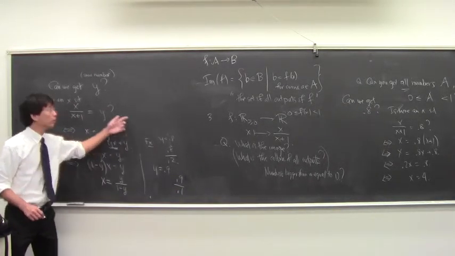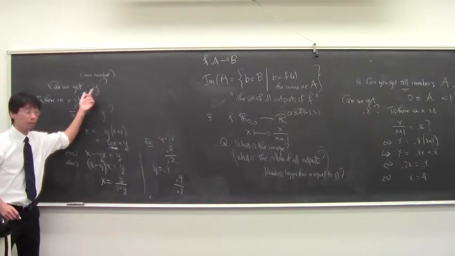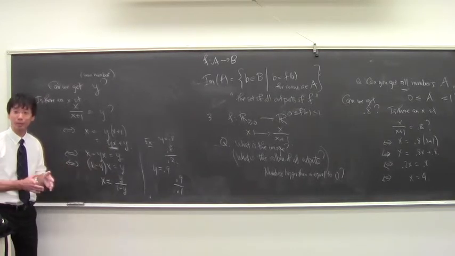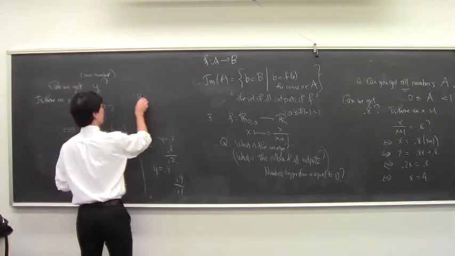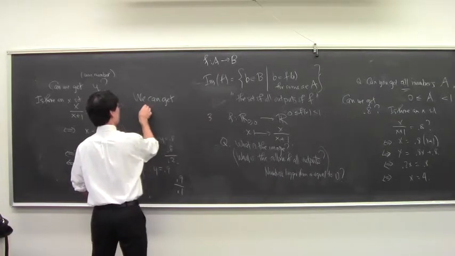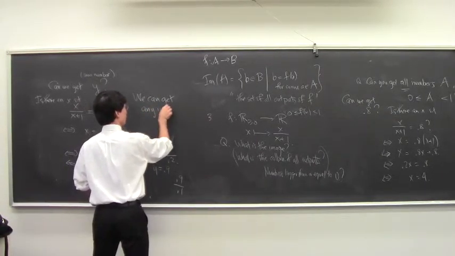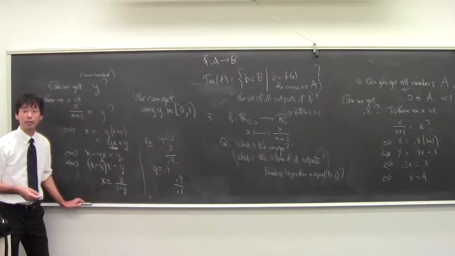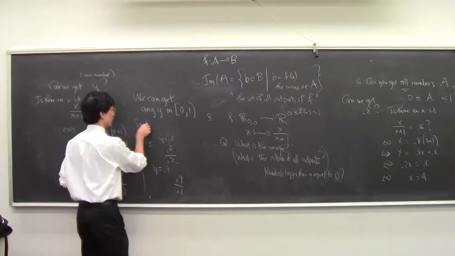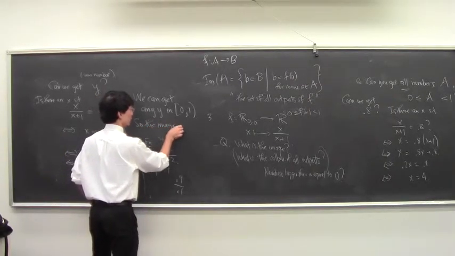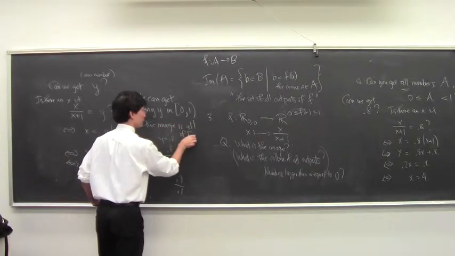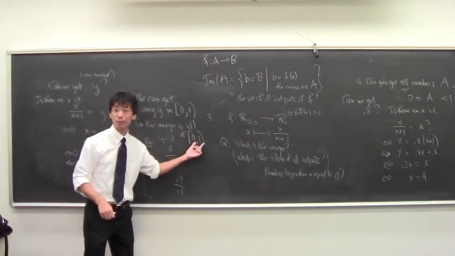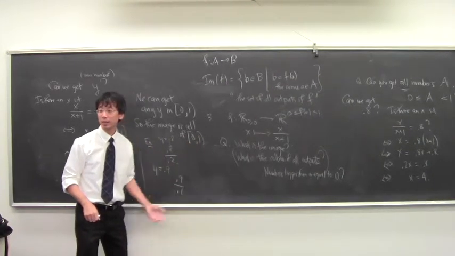And what you see is that whatever y you choose, there will be an x that gives it to you. So in fact, we do get all numbers. We can get any y in (0, 1). So the image is all of (0, 1). It's not just that the image lies inside there, but it's the full interval here.